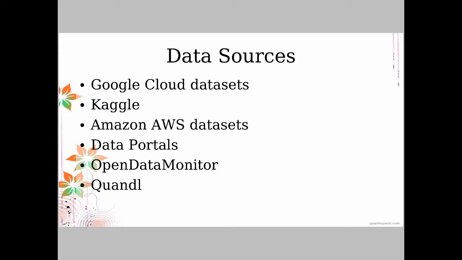Kaggle.com is basically a repository of many databases, as well as a social hub for data scientists. They also issue challenges on some problems that you can practice your data science or machine learning skills on. We have Amazon AWS datasets, the data portals, Open Data Monitor, and QuantDL. So these are also some sources of open access data.